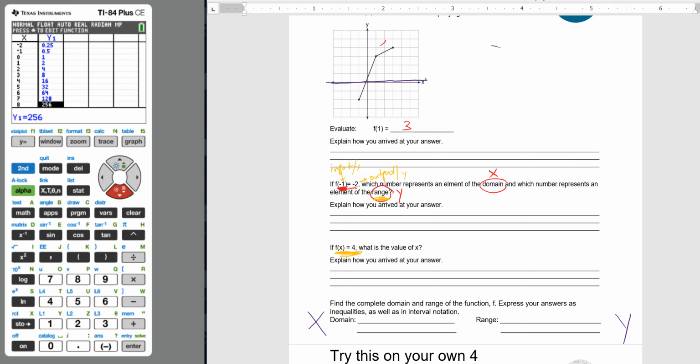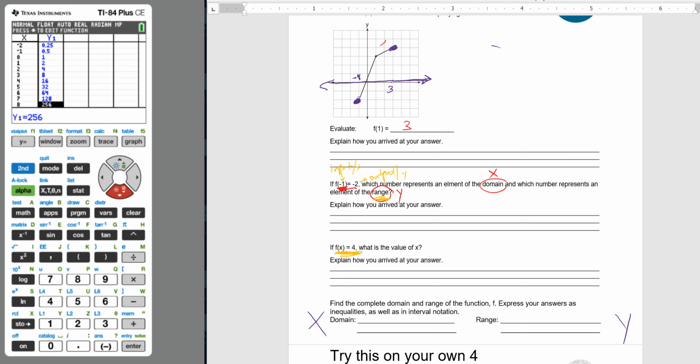So literally all you're looking for is what x values are included. To do this, for domain, we always look left and right. The furthest point to the left is this one here, right, at -1. And the furthest point right that we go on the x-axis is this point here, +3.